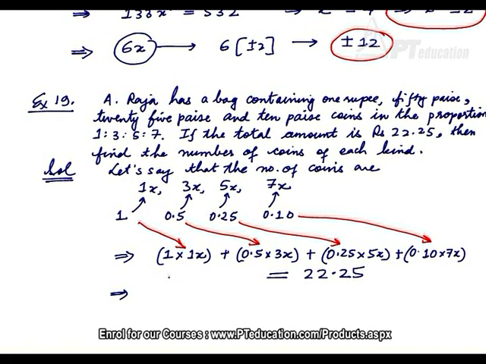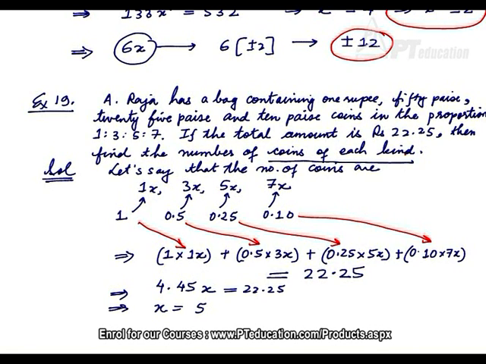If you solve this, the left hand side becomes 4.45x, which is equal to 22.25. And so x will be 5. Now what is the question? The question was, find the number of coins of each kind.